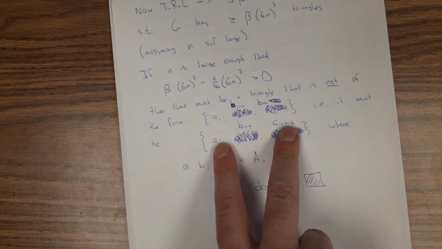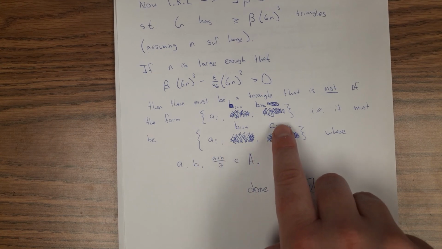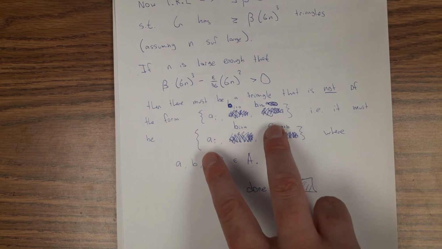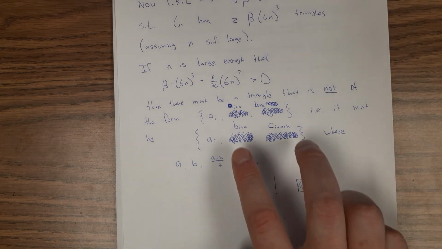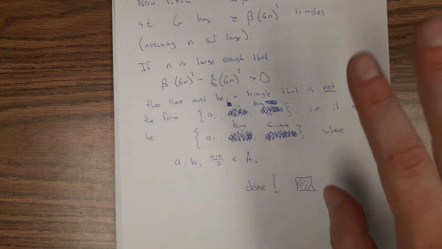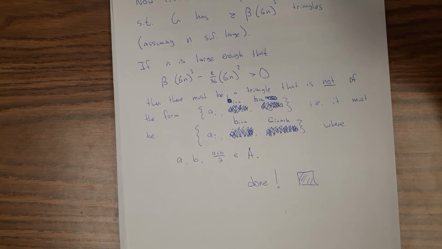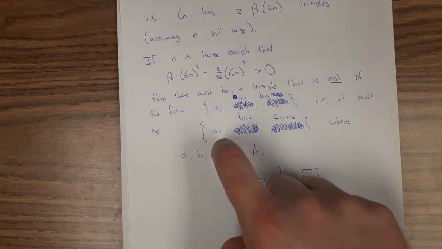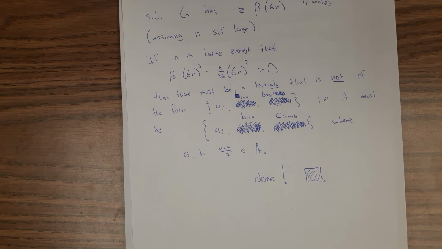Well, it's because this and this also have to be adjacent. And if I take the difference of this subscript and divide by 2, because that's the rule for A vertices and C vertices, that difference over 2 has to be in A, and that's this. And now we're done, because these three elements form an arithmetic progression.